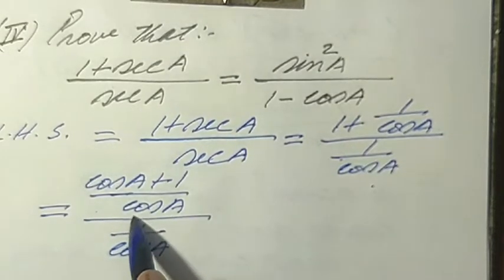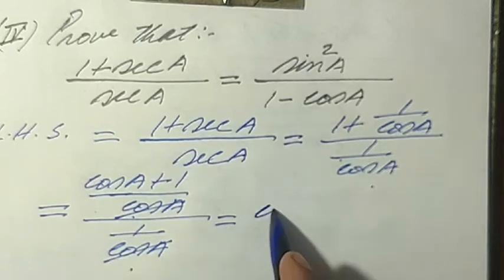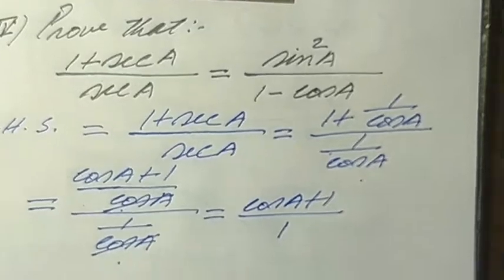So both the denominators are identical, so we may cancel them. Ultimately in the numerator we have cos A plus 1 and in the denominator we have only 1.